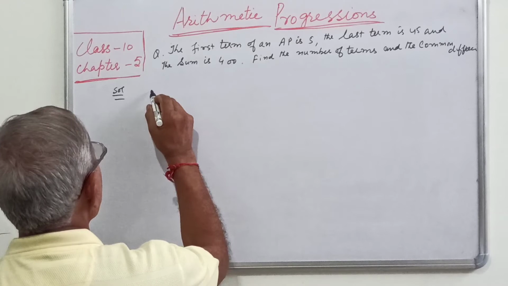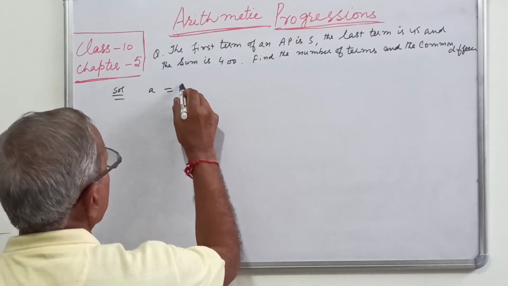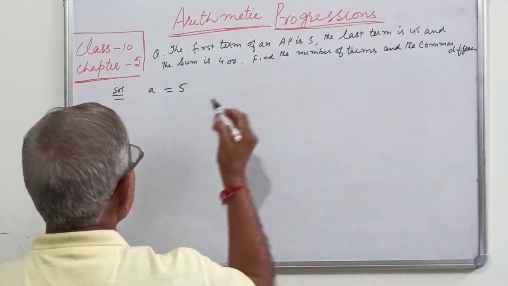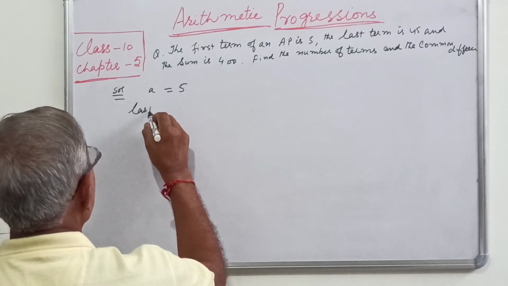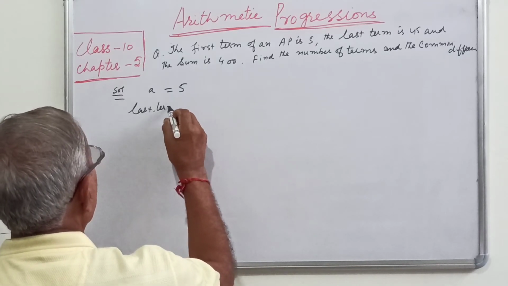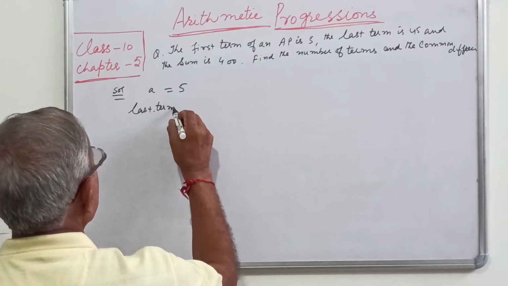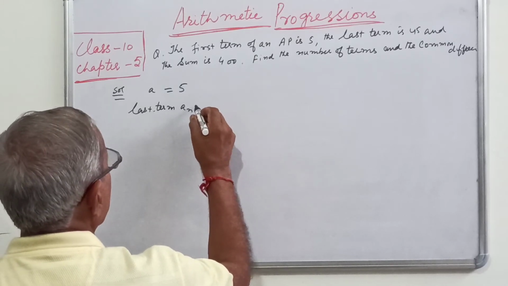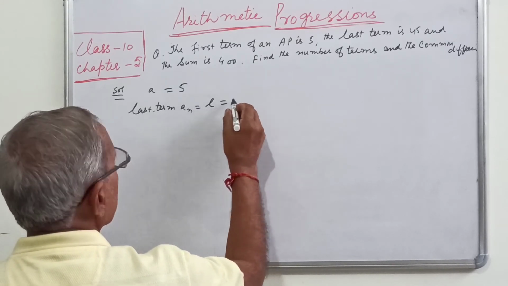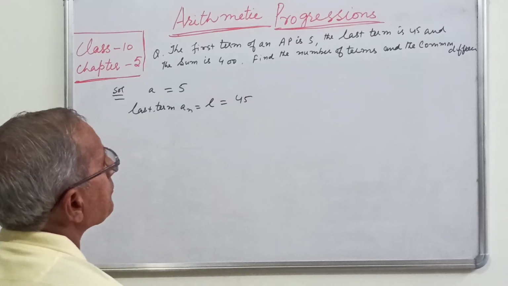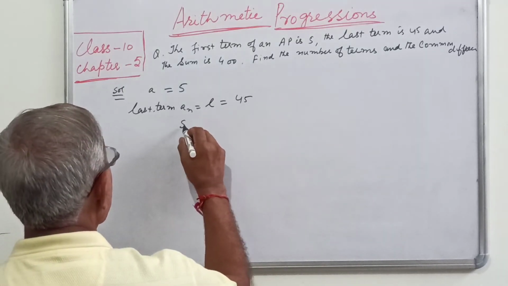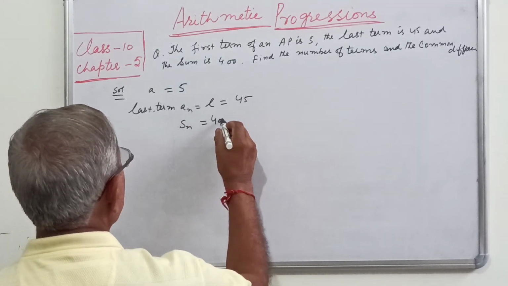The first term, that is a, is equal to 5. The last term, l, is equal to 45 and the Sn is 400.